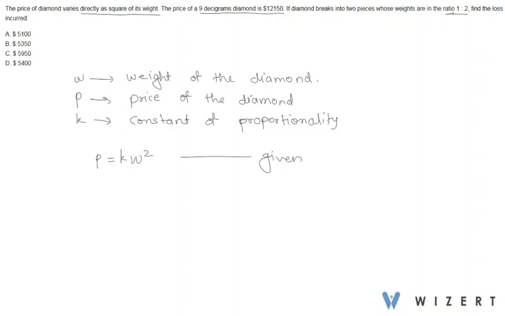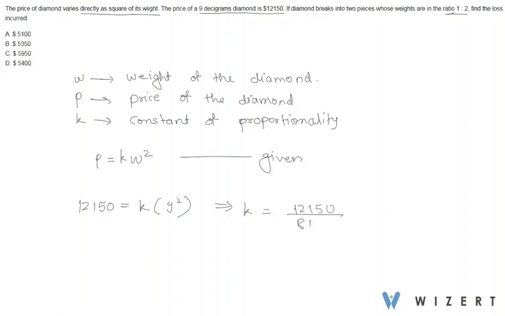The price of a 9 decigram diamond is $12,150. So $12,150 equals K into 9 square. So we can find the constant of proportionality from this equation. We get K equal to 12150 divided by 81.